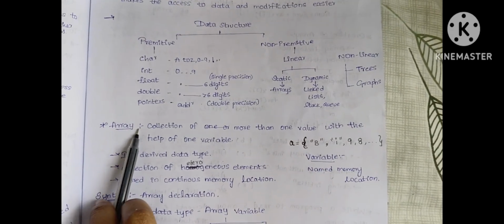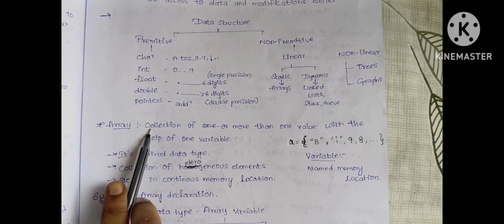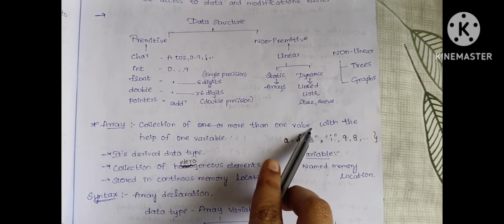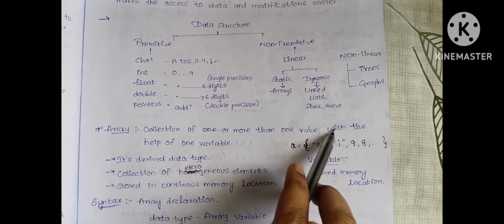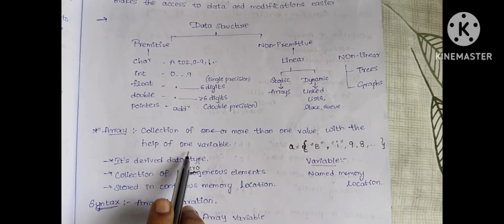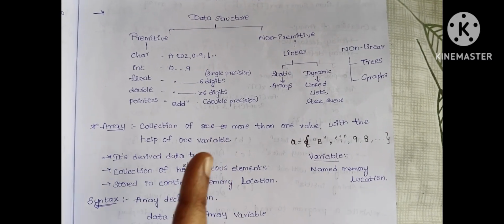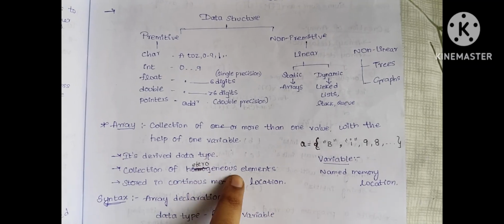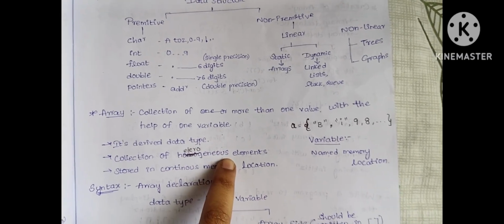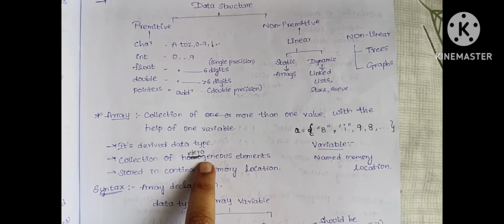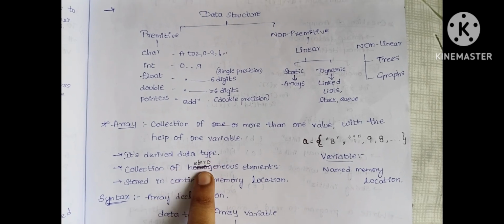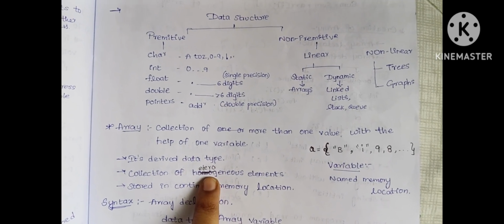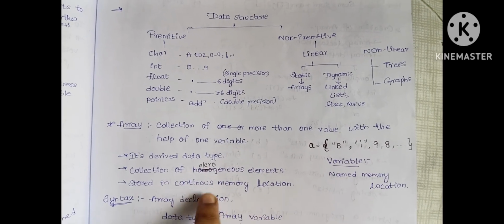So array is a collection of heterogeneous values in which one or more than one value is collected with the help of one variable only. So first point is array is a collection of heterogeneous elements. What is meant by heterogeneous? Don't panic, heterogeneous means it can collect values of many data types, not just one.